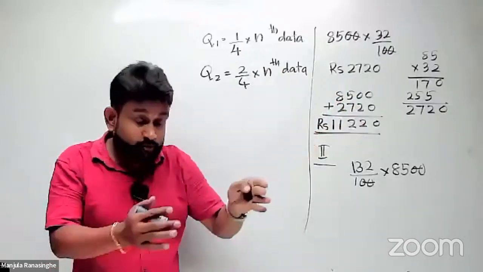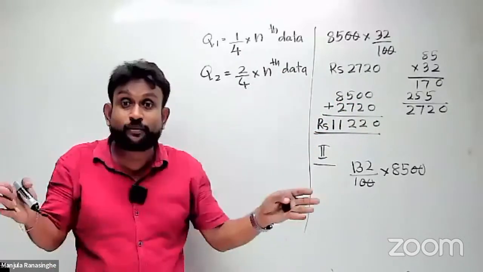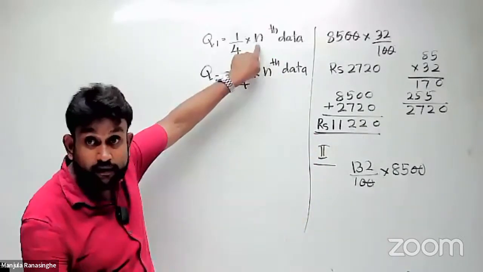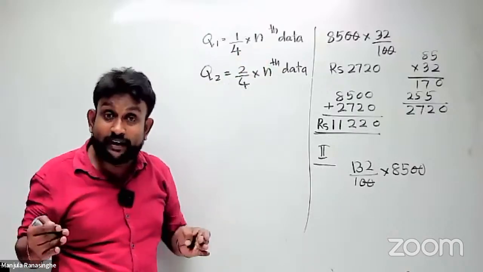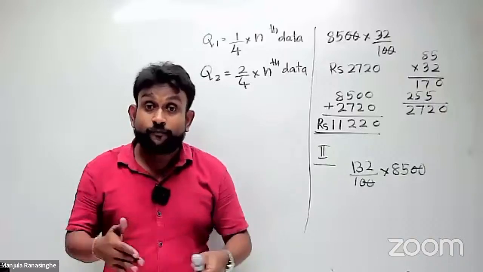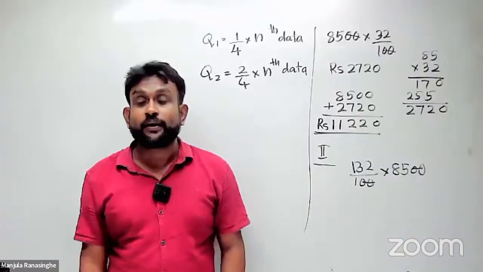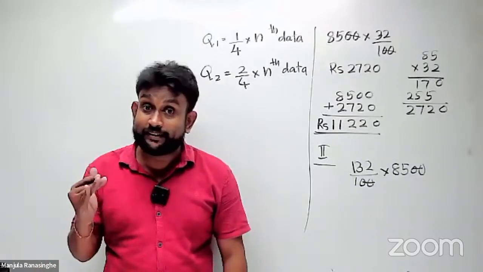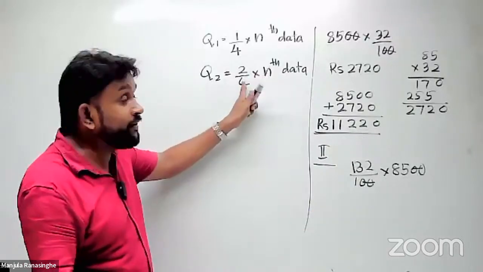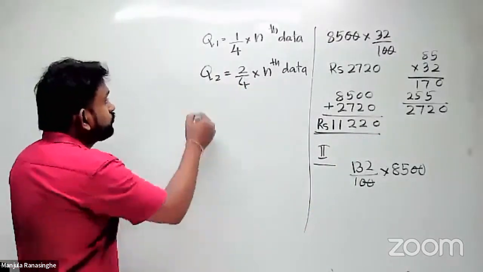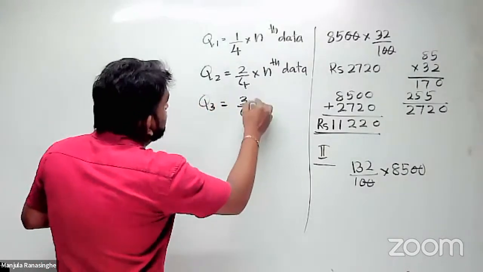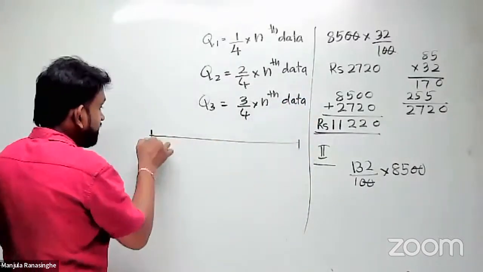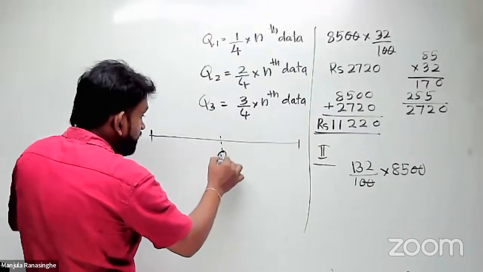Remember well. In the first paper, short questions give a small distribution with 8, 10, 11 data items, so we use n plus 1. In cumulative frequency we use n, because the distribution has many data items, so there is not much difference between n plus 1 and n. The value is usually divisible by 4. So Q3 position is 3/4 into nth data. If we take a data range, the exact middle value is Q2.